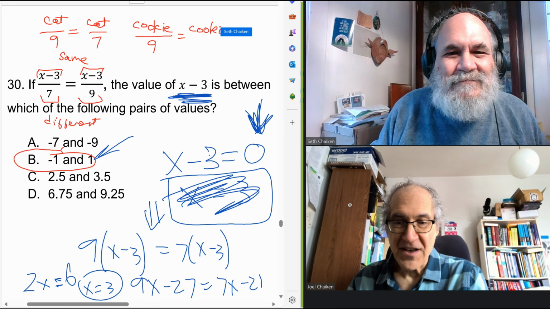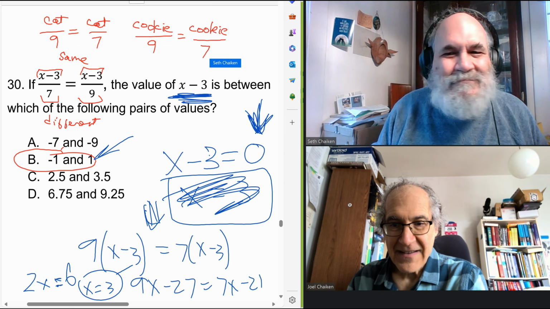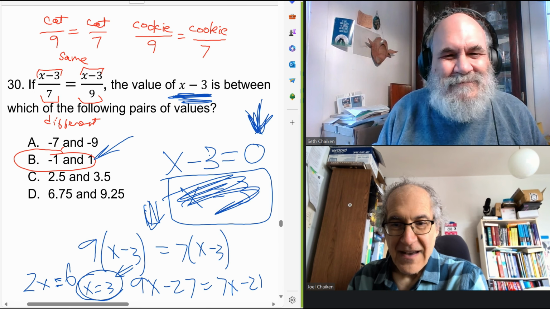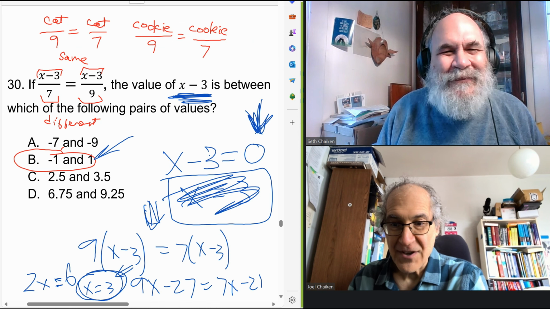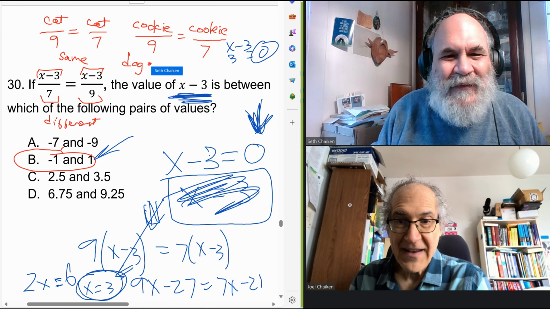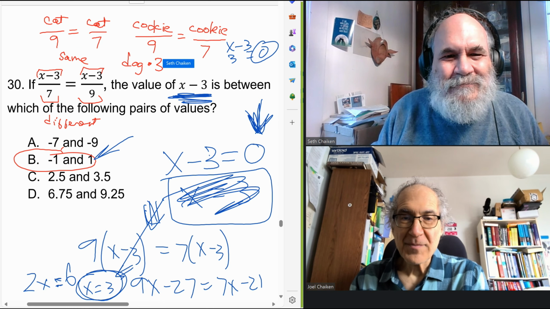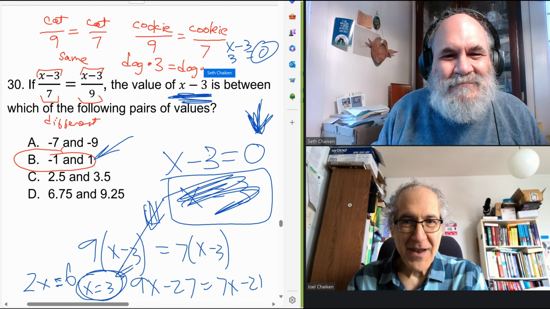You cross multiply, you solve for x. x is 3. Now, you have to be really careful here. If x is 3, then x - 3 is equal to 0, and I get the same answer, and it took me 25 seconds. And I didn't have to get a PhD in math.